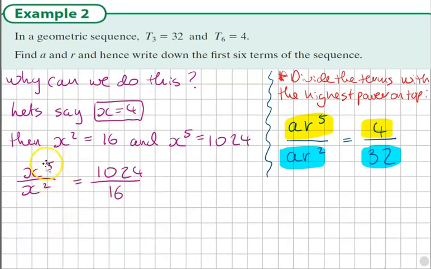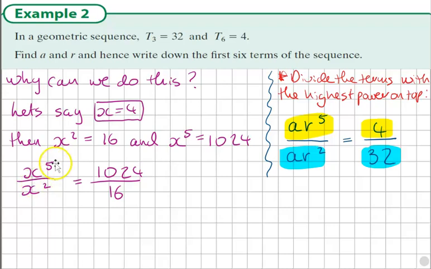So if we put the highest power on top, so x to the power of 5, and we divide it by the lower power, which is x to the power of 2, and then we equal them to the fractions of what they were equal to in the original equation. So x to the power of 5 is equal to 1024, so they become the numerators. And x to the power of 2 is equal to 16, so that becomes the denominators.